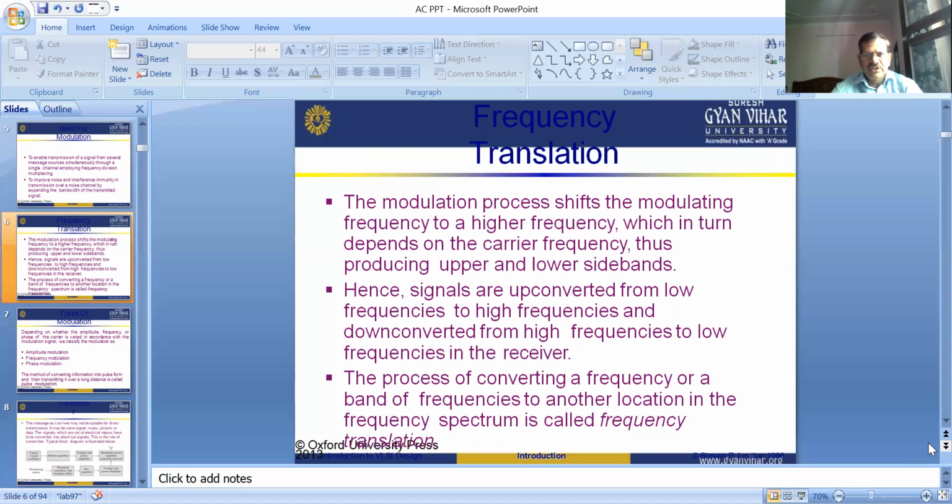The process of converting a frequency or a band of frequency to another location in the frequency spectrum. There is a frequency spectrum, and there are different frequencies: low frequency, high frequency, medium frequency. So this process is called frequency translation.